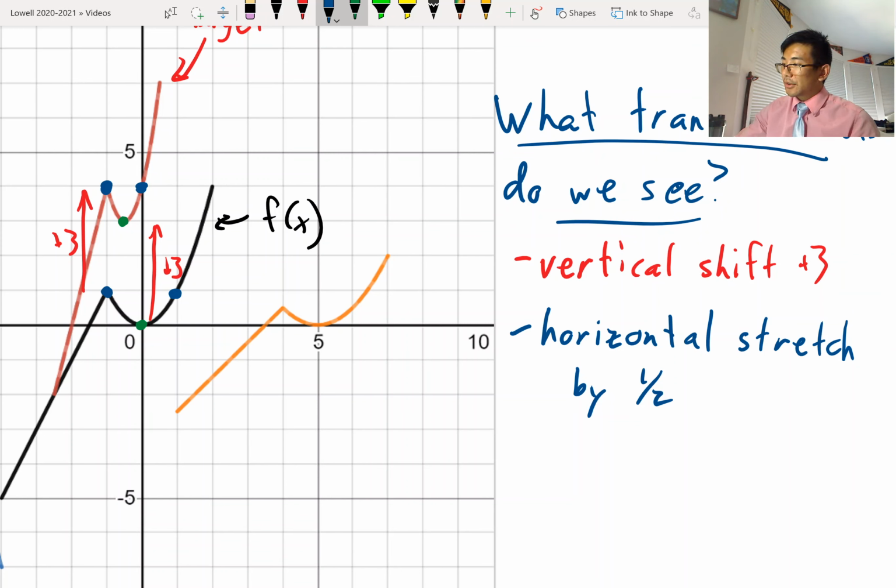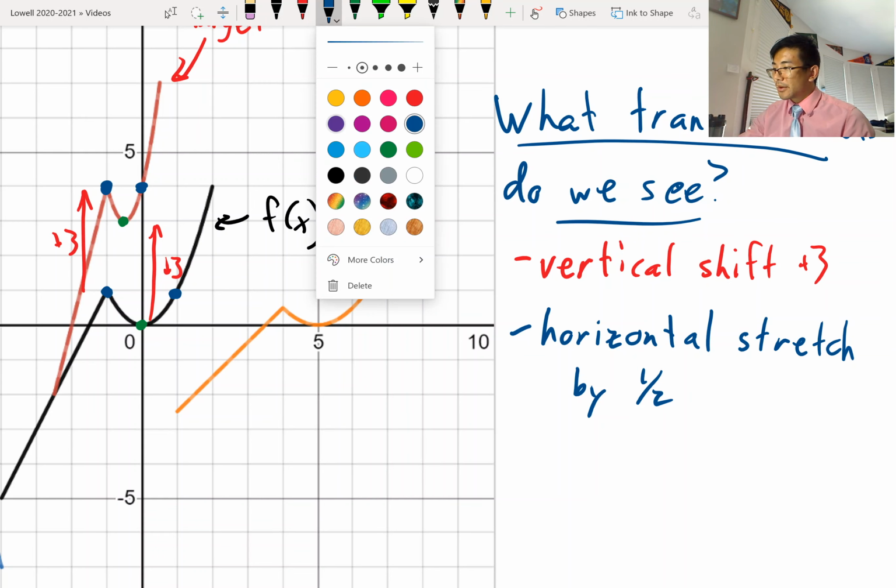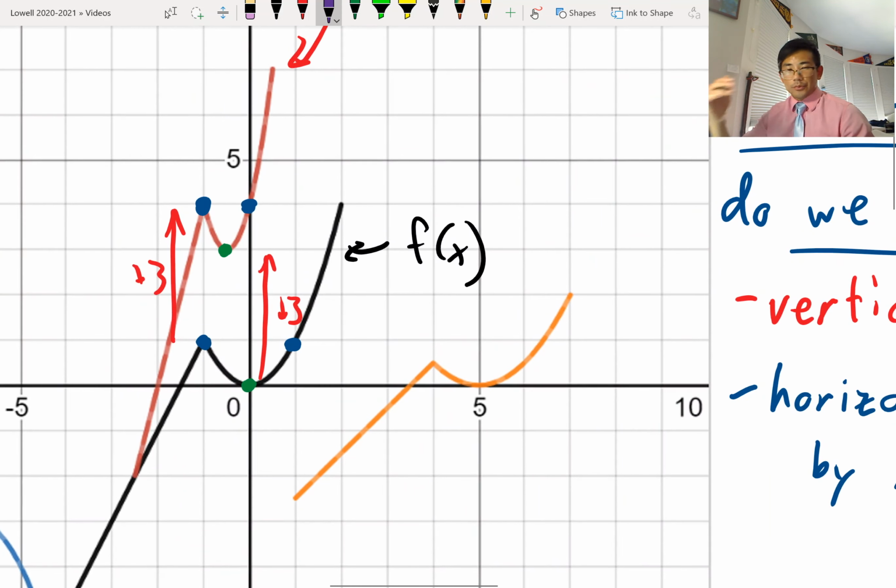And now the last one, which is the weird one, though it doesn't seem too weird. I'll draw it in purple. We notice the graph is shifted a little bit, but it depends on where you're looking, because the green point only moves over half a unit. But the other point, the blue one, which is now purple, didn't move over at all.